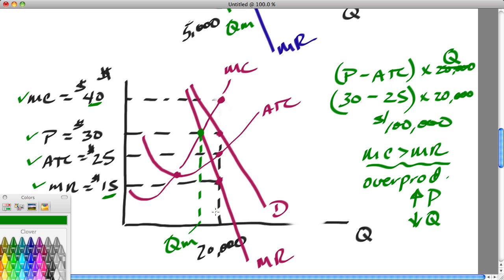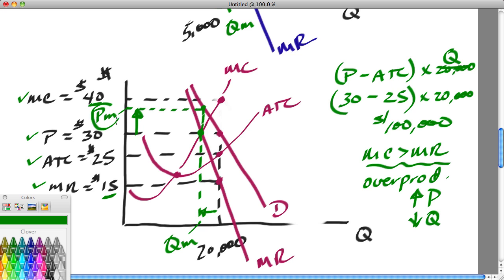So we're going to reduce our output rate from 20,000 to something, and how are we going to sell fewer units? We are going to raise our price. So PM, the profit maximizing price, is going to be somewhere above 30. QM, the profit maximizing quantity, will be somewhere below 20.